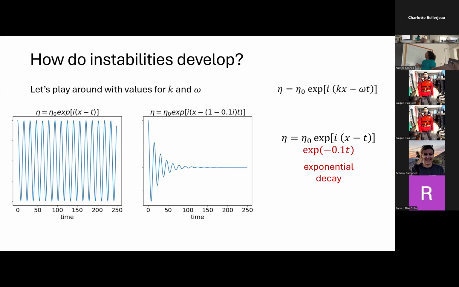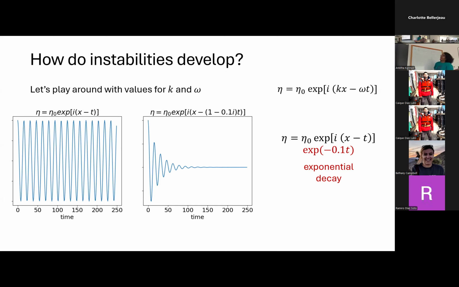Now let's look at a case where omega also has an imaginary number added into it. If you do that math out, if you take the exponential of that number, what you get is the oscillatory solution, as you see here, as well as an additional exponential decay.